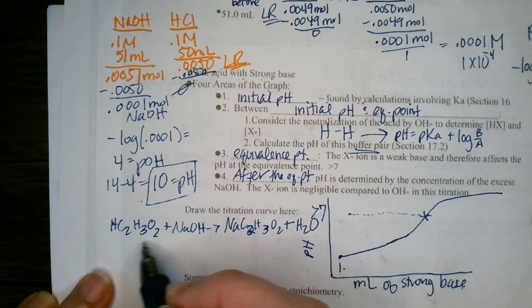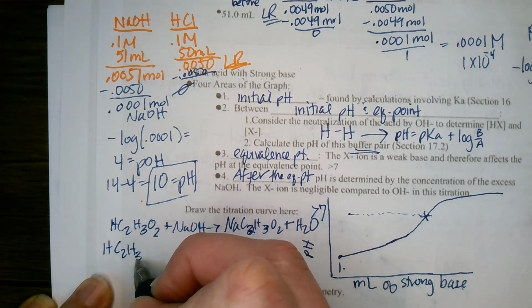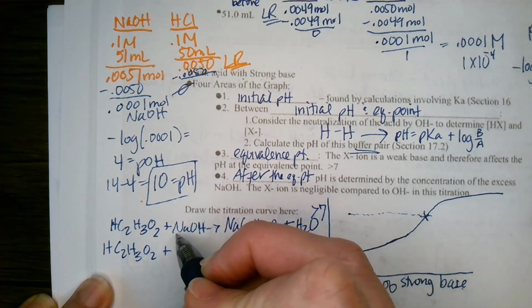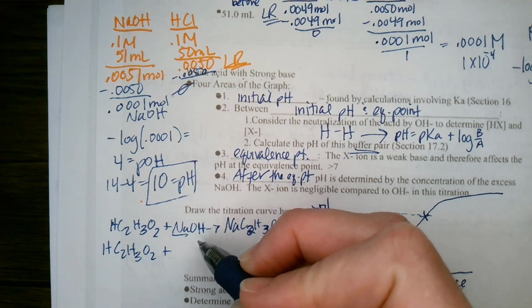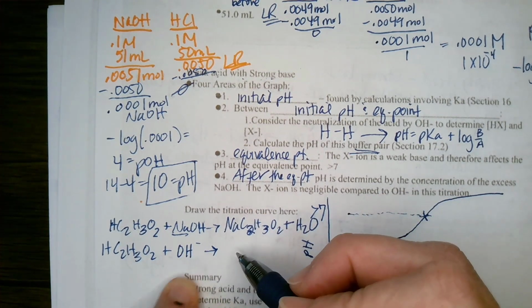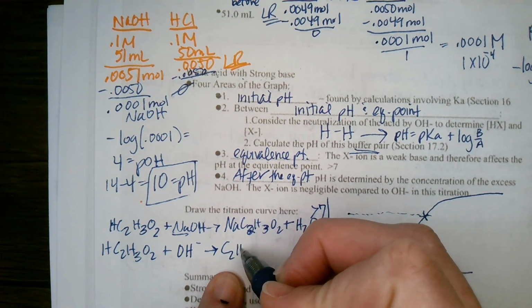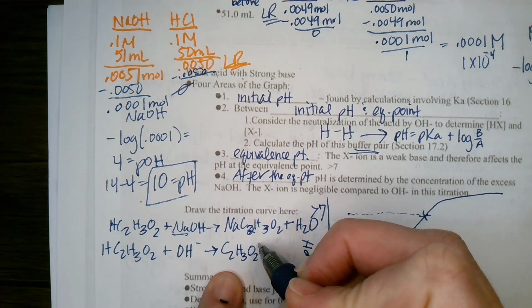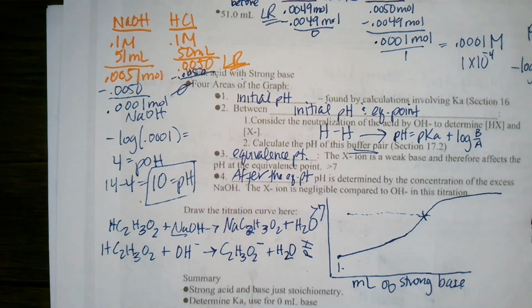What we're going to have here is our acid, HC2H3O2, plus, remember our sodium is going to split, and it's going to be a spectator ion, so we have our plus OH to give us, again, sodium is a spectator, our acetate, C2H3O2 minus, and water.